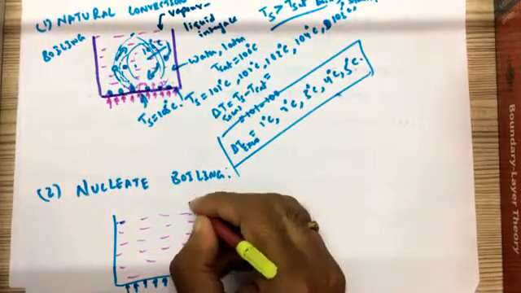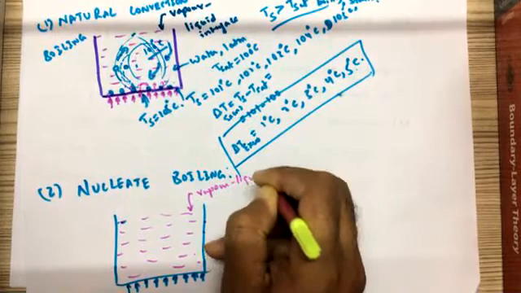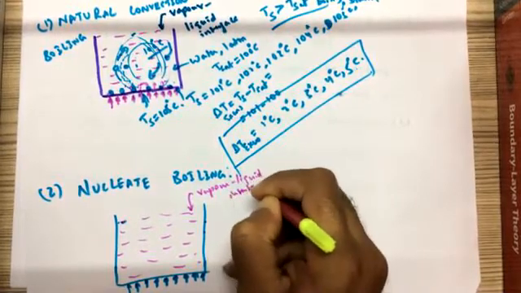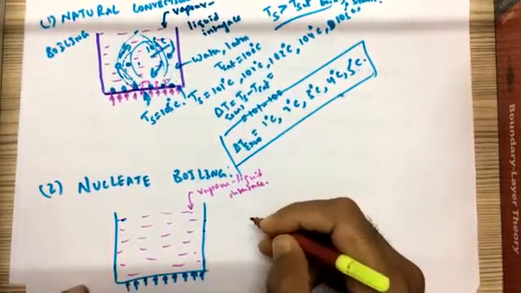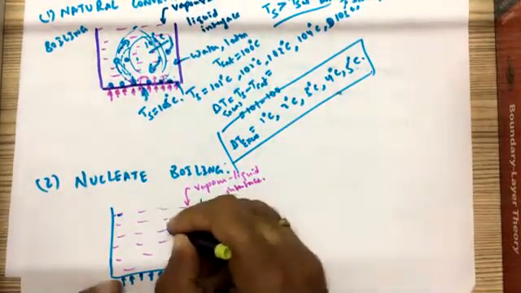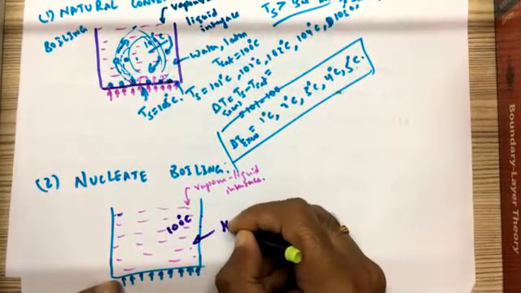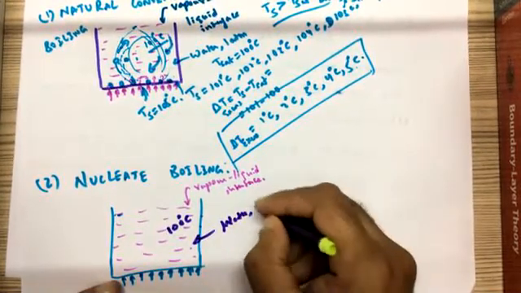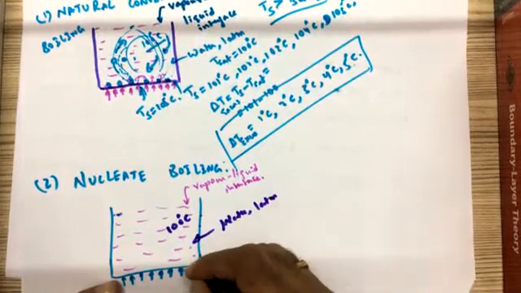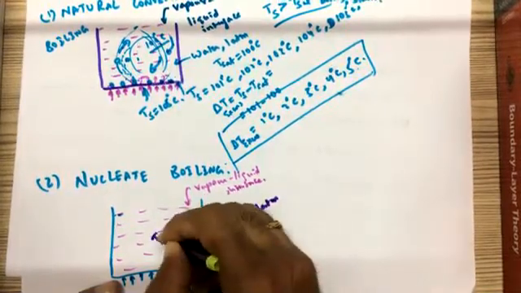So this is your vapor liquid interface. And inside, because I have considered water, my liquid is water at 1 atmospheric pressure. This is my surface temperature, and this is Tsat, of course, 100 degrees Celsius, because it is water at 1 atmospheric pressure.